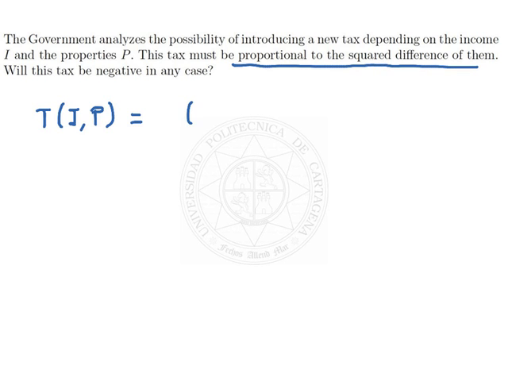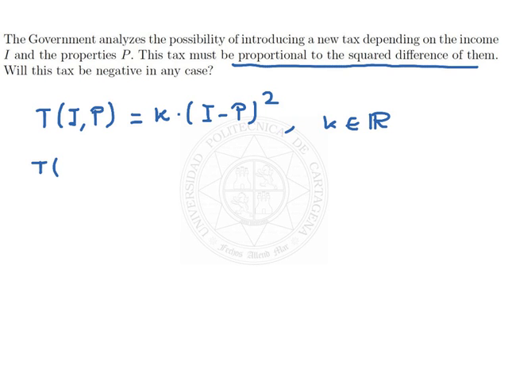So the difference of them is I minus P. This is the square, and a term proportional to this expression is a number k times this square difference, being k some number in R.